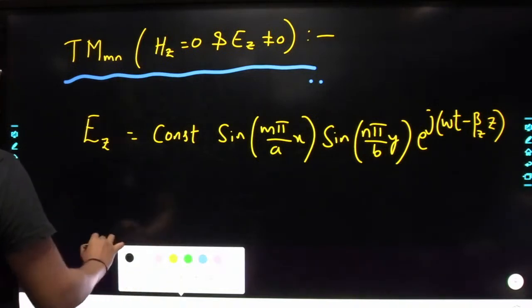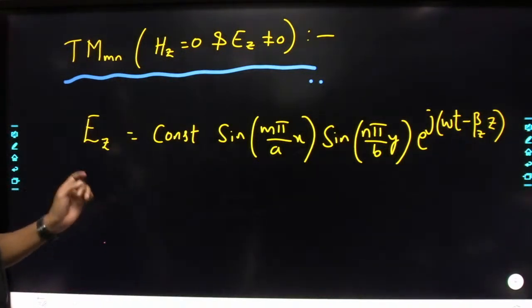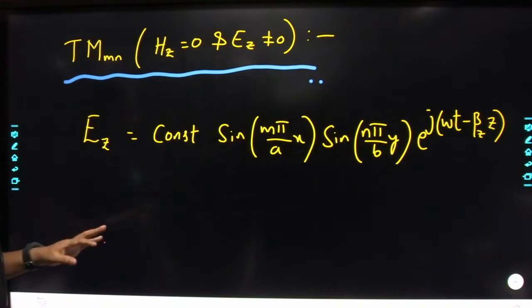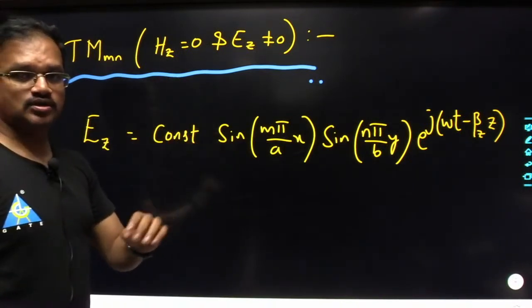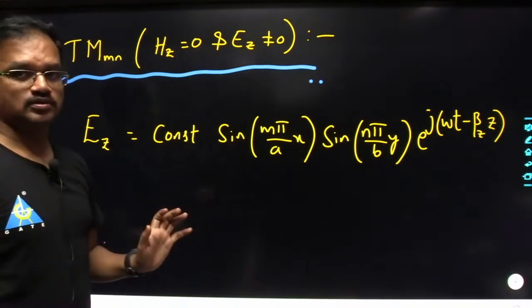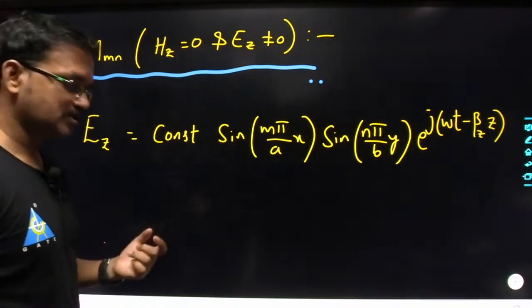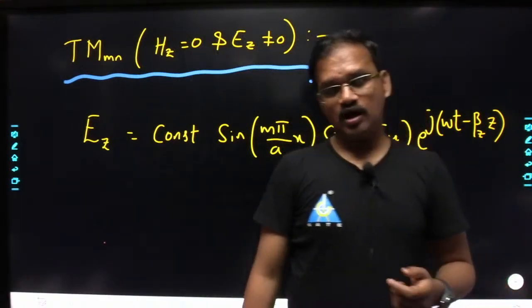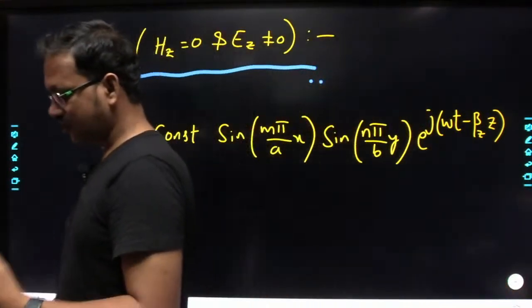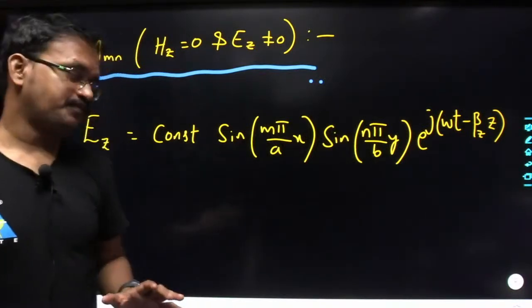If Ez also becomes 0, we know that in a rectangular waveguide, if Ez equals 0 and Hz equals 0, it represents TEM mode, and TEM mode is not at all possible.